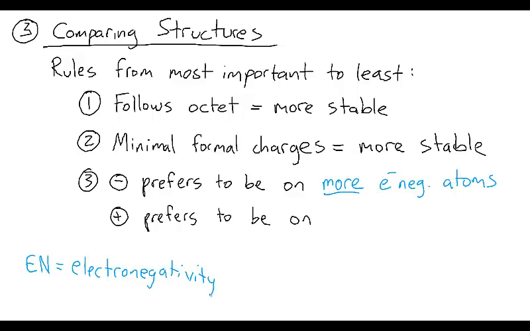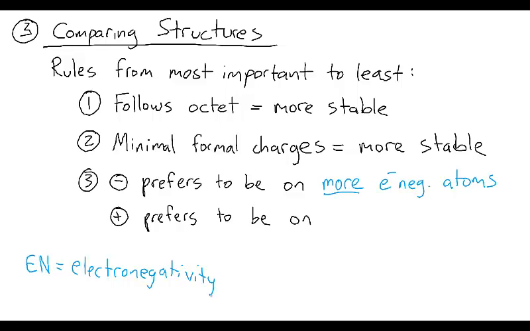All right. So electronegativity is how strongly that atom is pulling on electrons. Atoms that pull more strongly on electrons are more likely to get the excess of electrons. A negative formal charge indicates extra electrons in that part of the molecule, so more electronegative atoms are more likely to pull the extra electrons to themselves. And the opposite is also true.